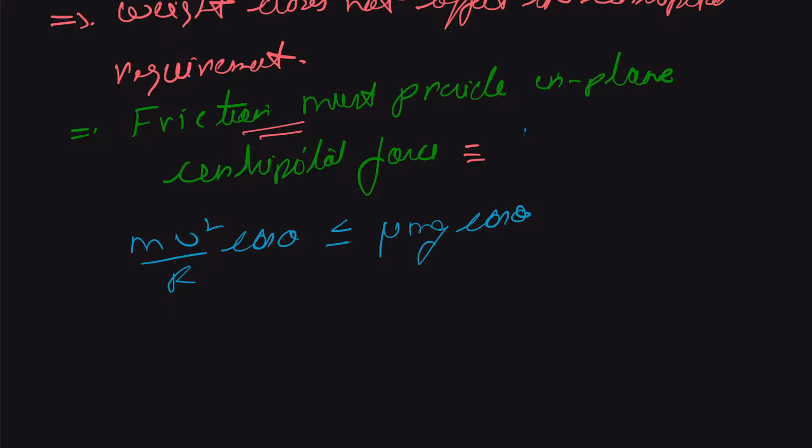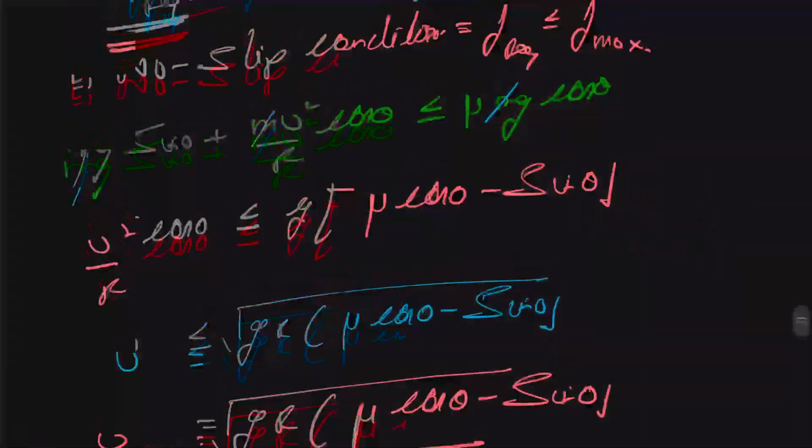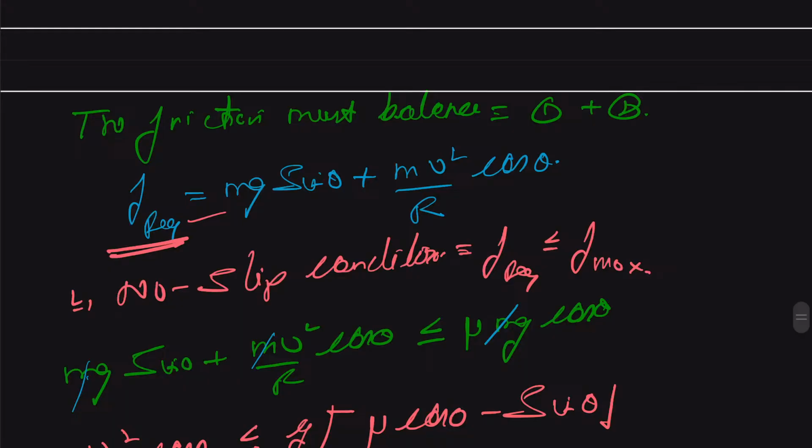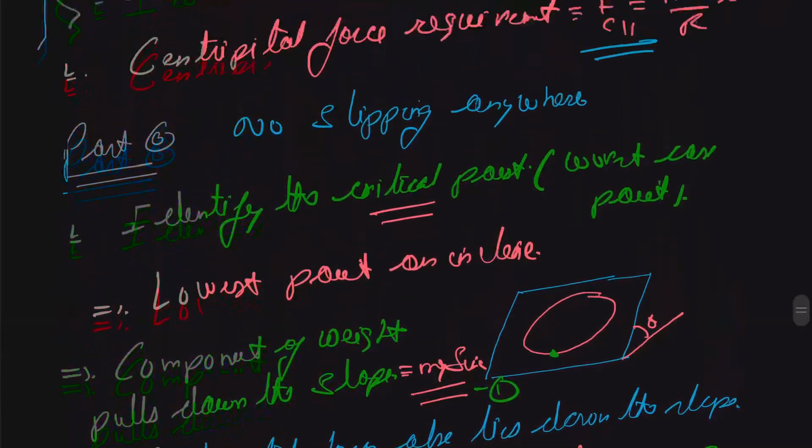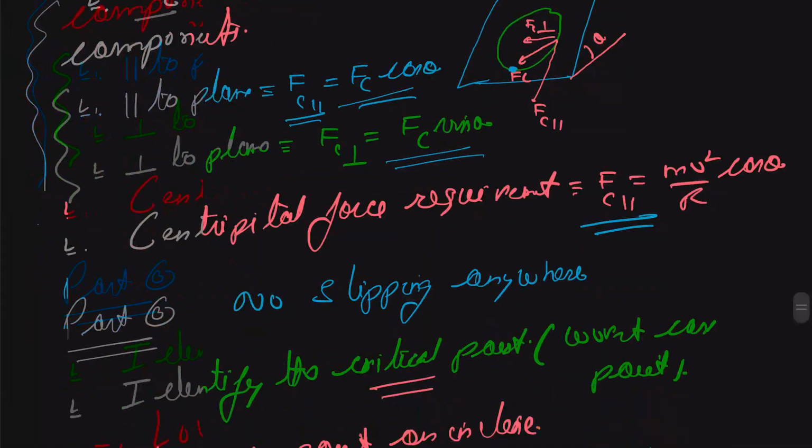And here we can also write F requirement will be equal to mv square upon r cos theta only because of FC parallel, there is no weight component, whereas at the lowest point the friction required will depend upon the weight component as well as the centripetal force component.